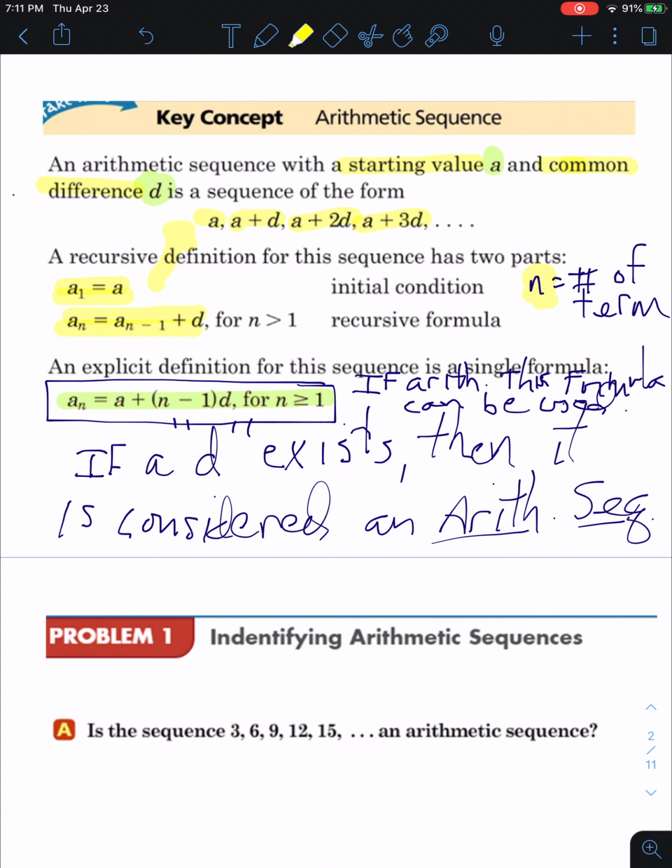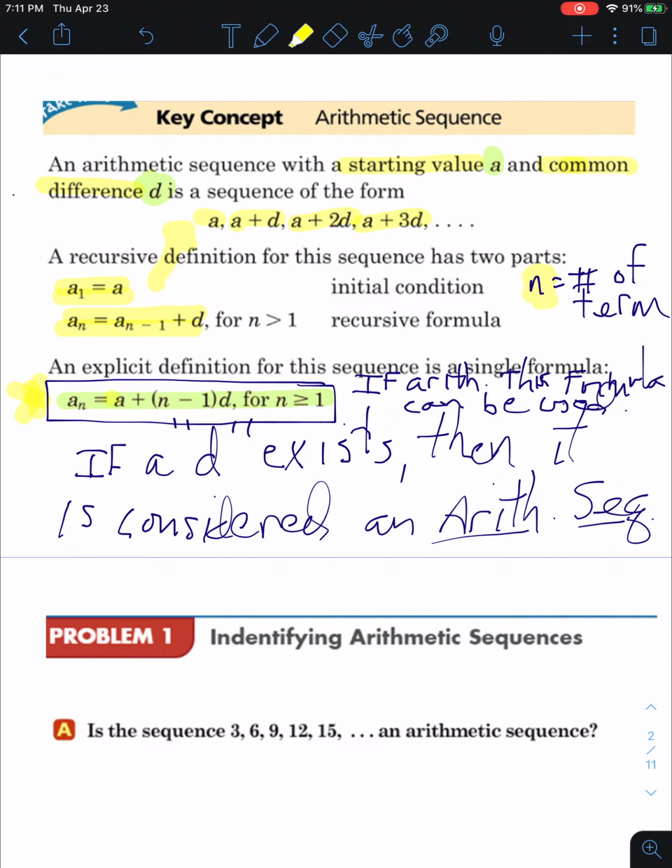Okay? And an explicit definition for the sequence in a single formula looks like this. A sub n, any term, equals a, the first term, plus n minus 1 times d. So if you're looking for a sub 10, that would be 10 minus 1, or 9, times d, plus the first term. All right?